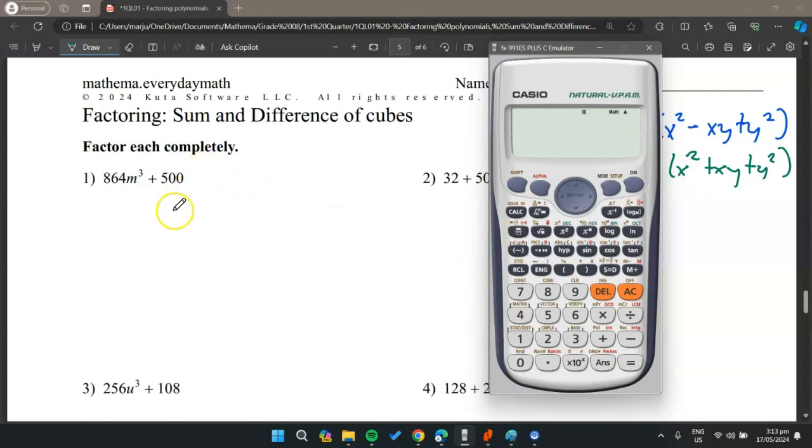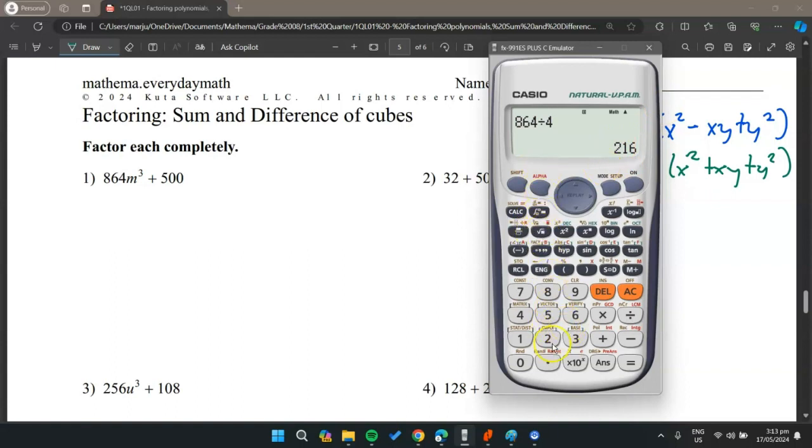Basically, we can try 864 divided by 2. That should give us 432. Is this a perfect cube number? Let's try. That is not a perfect cube number, but we'll try 864 divided by 4 this time. Alright, 216. 216 is a cube number, right?